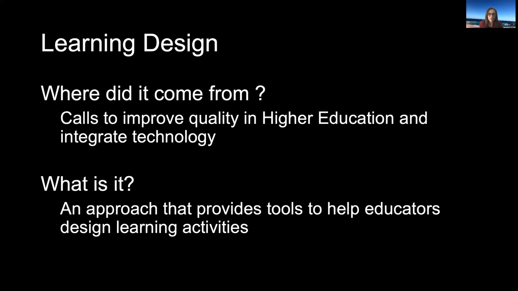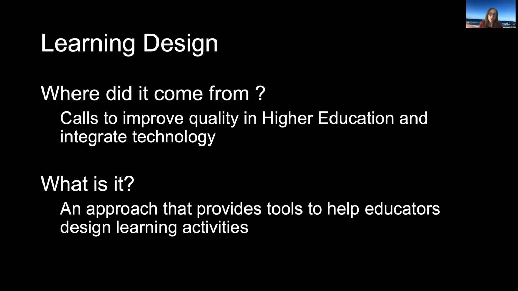Importantly, a key aspect of learning design is to share those practices in such a way that educators can reuse or adapt the ideas of others in their own contexts. So in terms of what it is, learning design is an approach that provides tools and models that can help educators to design learning activities and share their teaching practices.